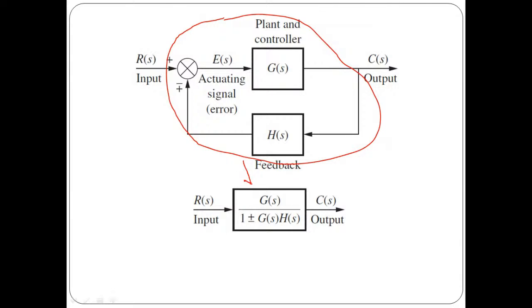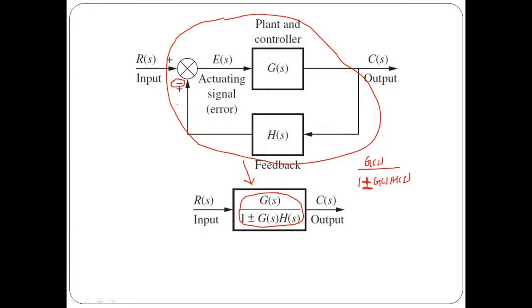But inside that block we need to write the representation of the transfer function via this particular equation, where we can write G of s whole divided by 1 plus minus G of s into H of s, where plus is for a negative feedback system and minus for a positive feedback system. But in most of the cases we are considering a negative feedback system.